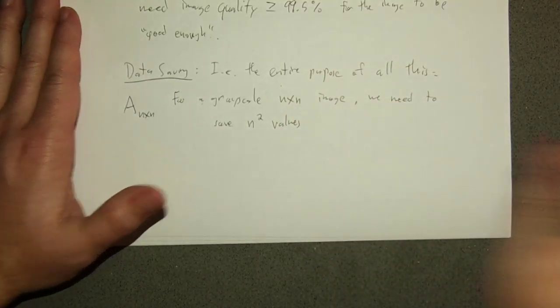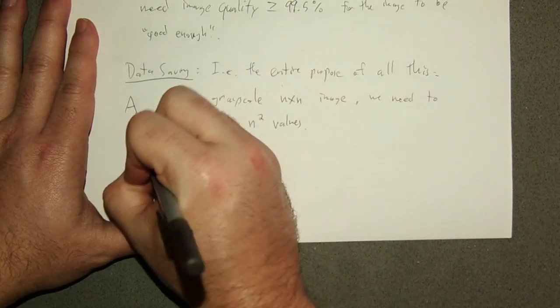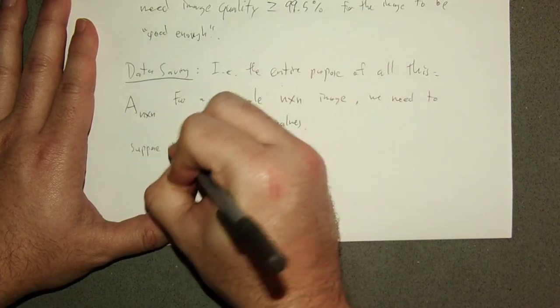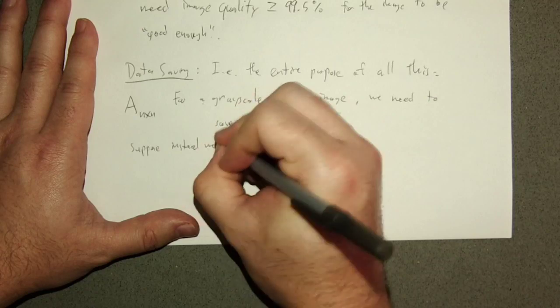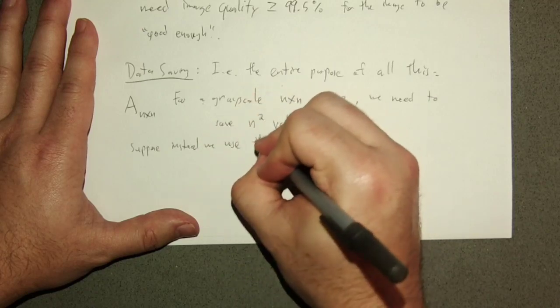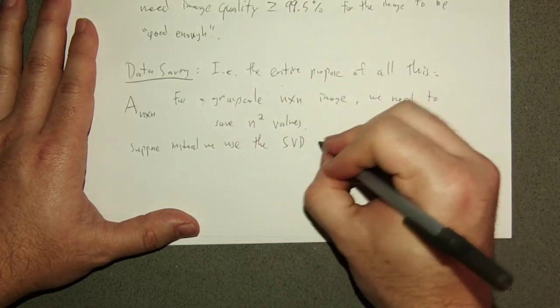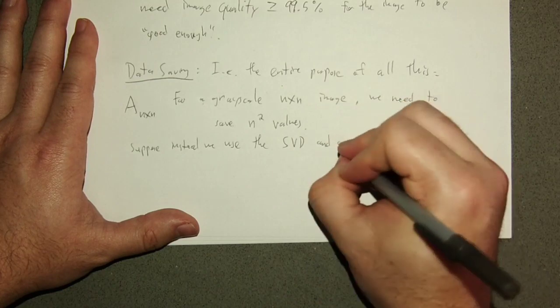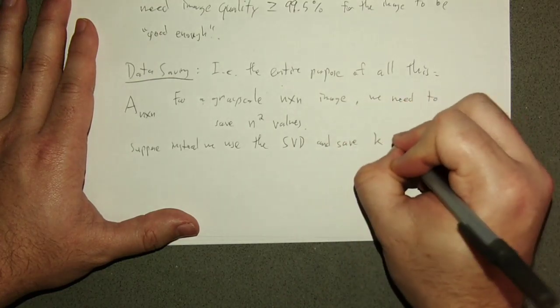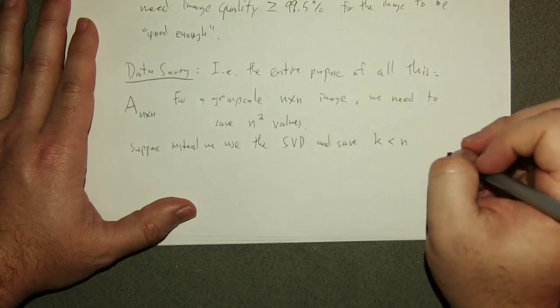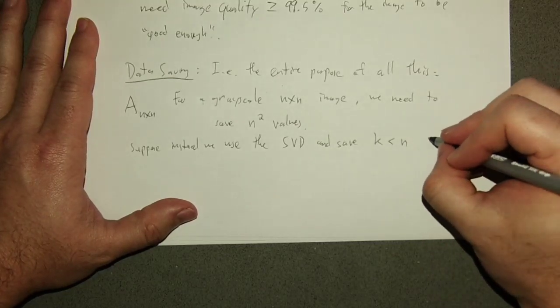Suppose instead we use the SVD and save k strictly less than n singular values.